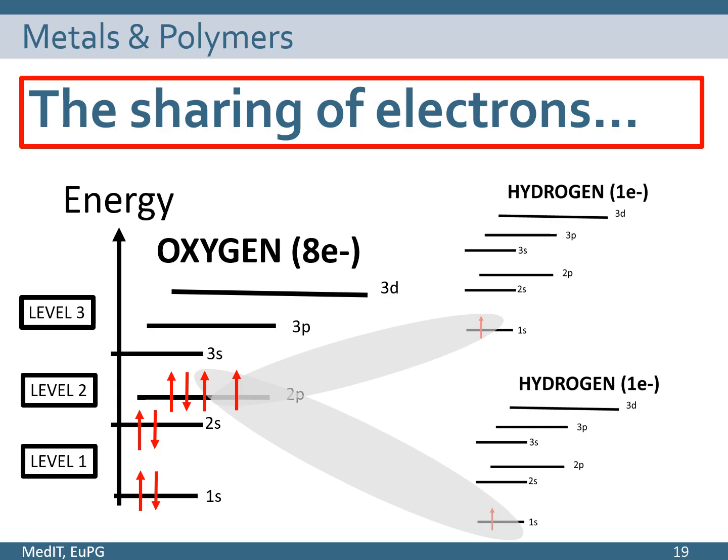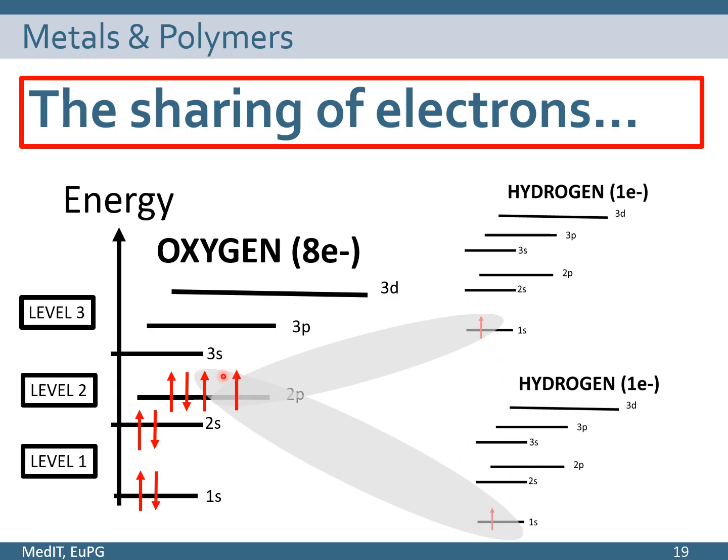Atoms can share electrons. That is, they can have electrons in common. Okay, this is very, very important. Atoms can share electrons. So in our case, two hydrogen atoms offer to share the single electron with one oxygen atom.